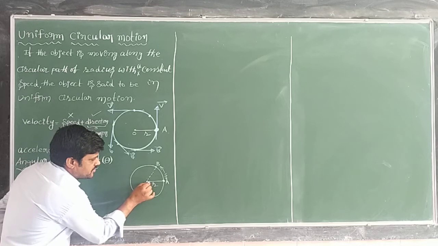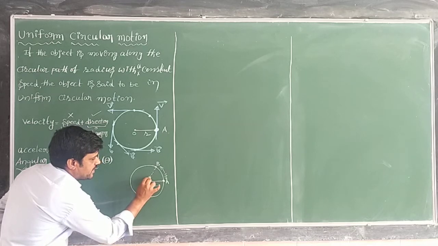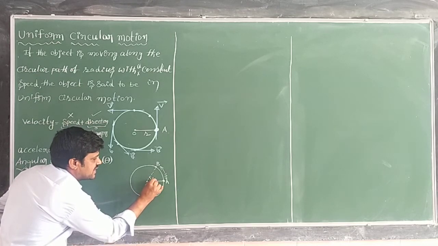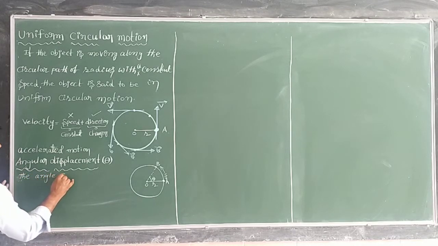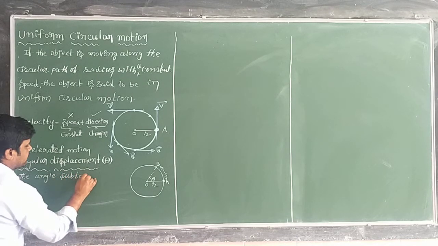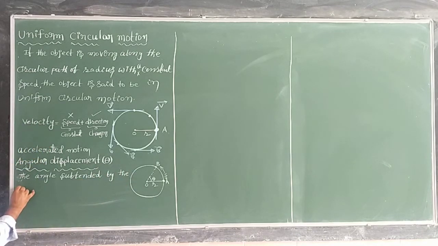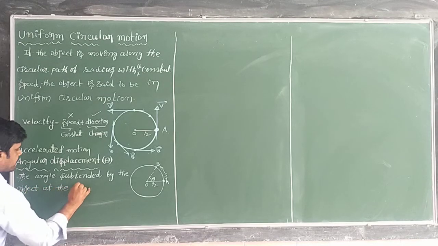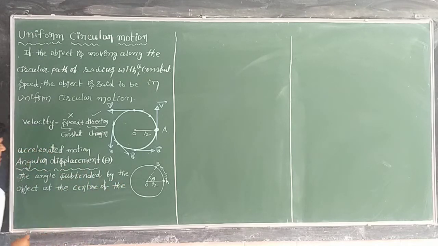You see, this is the radius at position A. This is the radius at position B. In between these two, if you measure the angle, this angle is called angular displacement. Angular displacement is nothing but the angle subtended by the object at the center of the circular path.